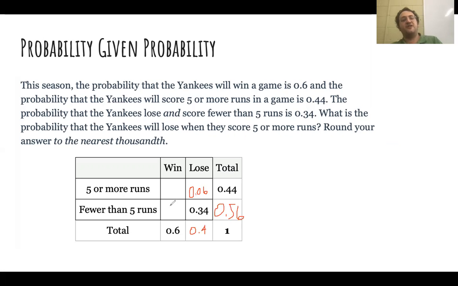And then I can actually fill in the other information as well. So this is going to be 0.38, because I want that to add up, so I could do 0.44 minus 0.06, and then I have 0.38 and 0.6. So if I do 0.6 minus 0.38, that's going to get me 0.22.